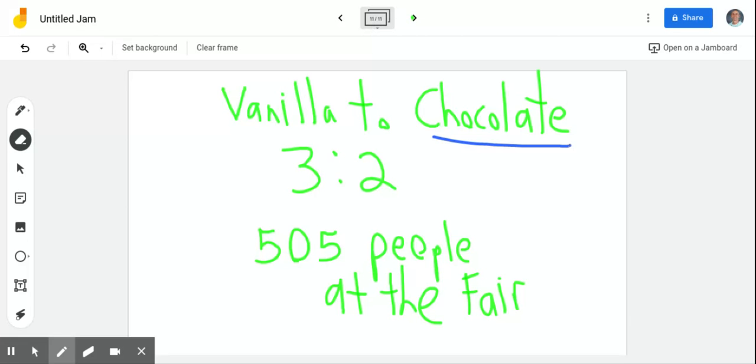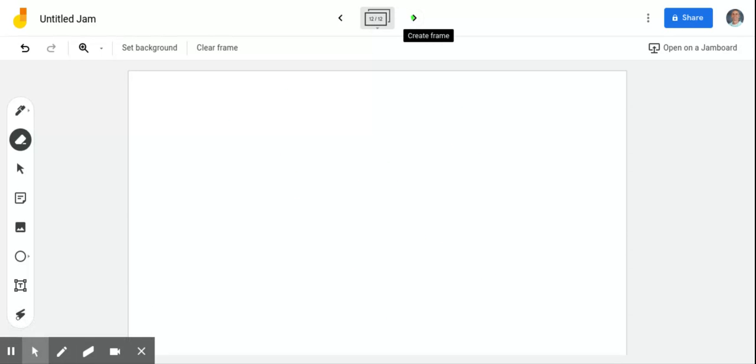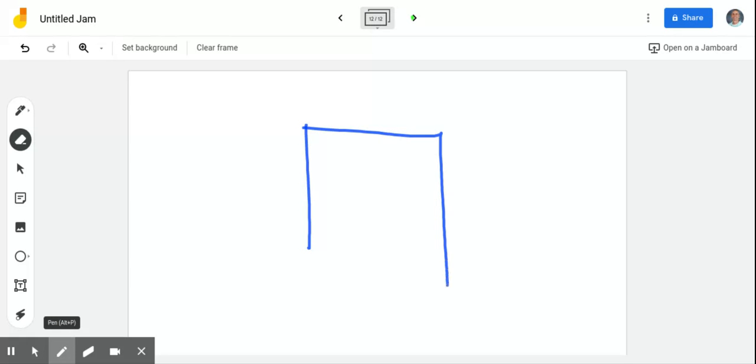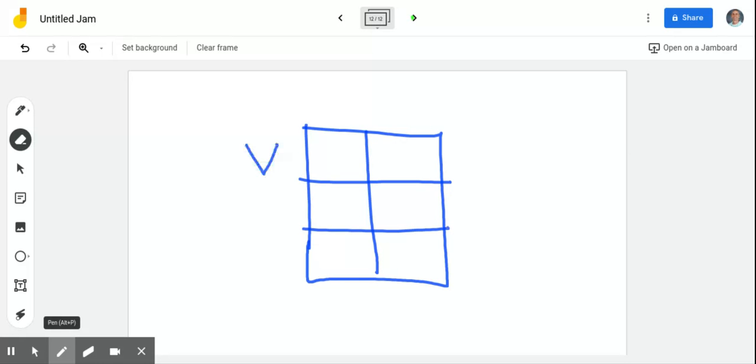So let's go to our ratio table. All right, we got vanilla, I'm going to abbreviate, chocolate, total. And you got ratio and actual.